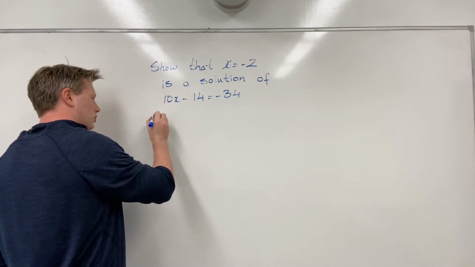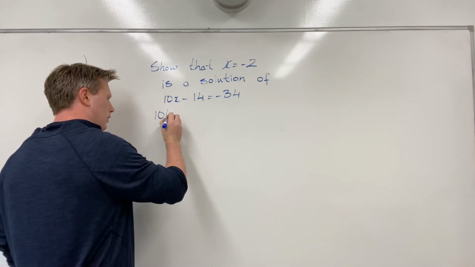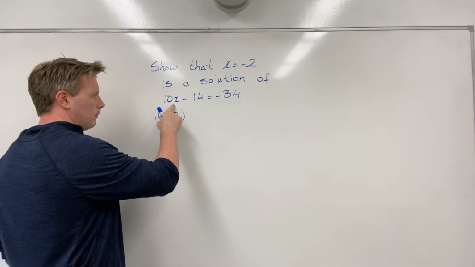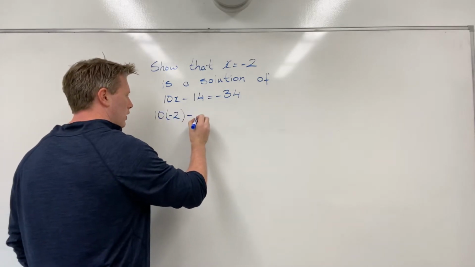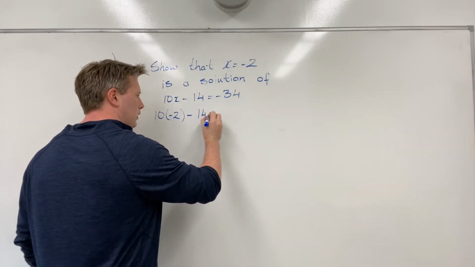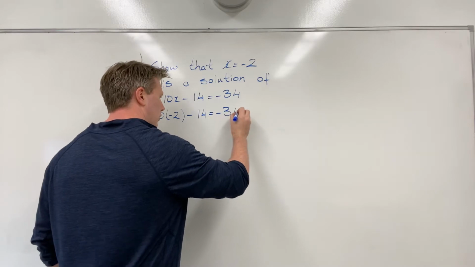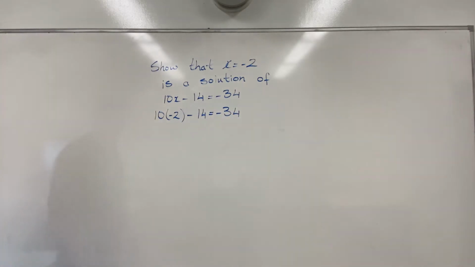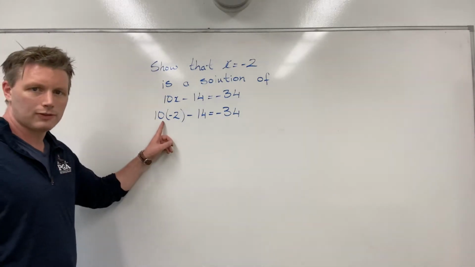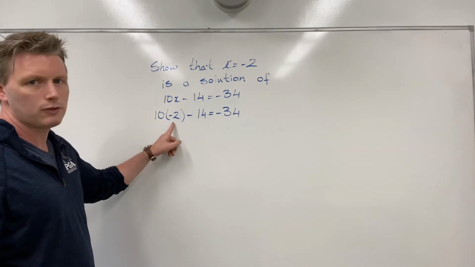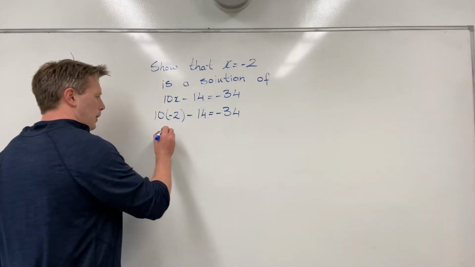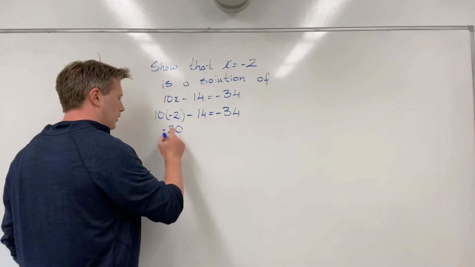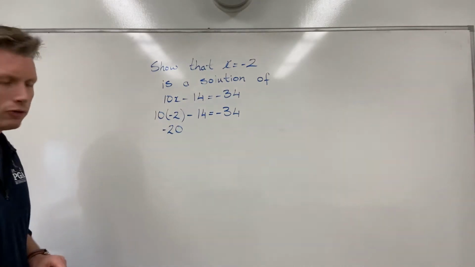So my equation is going to become 10 times minus 2, minus 14 equals minus 34. Okay, distributing this out, I get 10 times minus 2. That's going to give me minus 20.